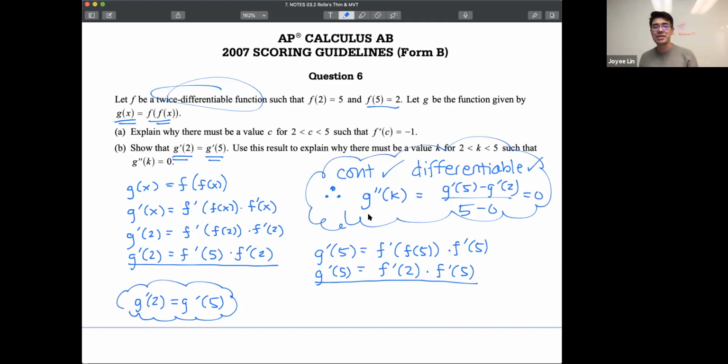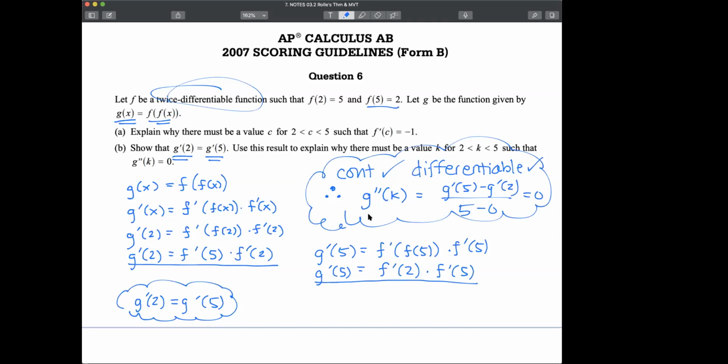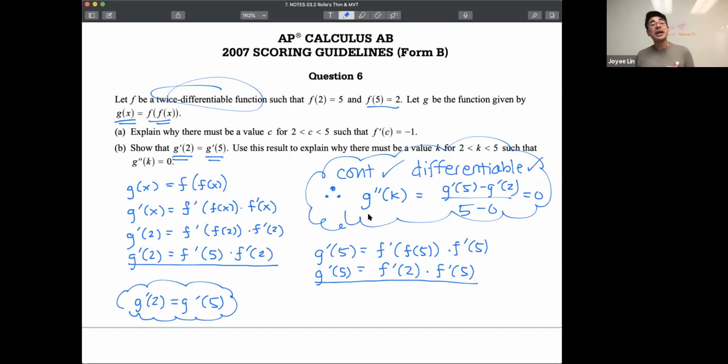Please use complete sentences when you're writing this out on your test. Who has thoughts? Who has questions? When we're writing the answers, do we have to cite which theorem we're using? You do not have to cite it. It's helpful if you cite it.